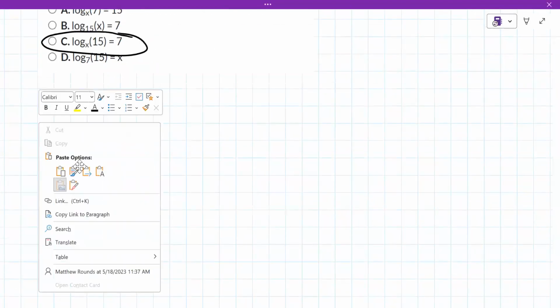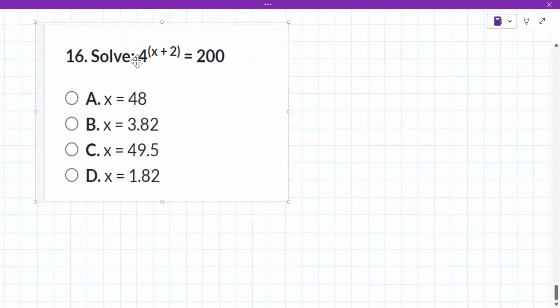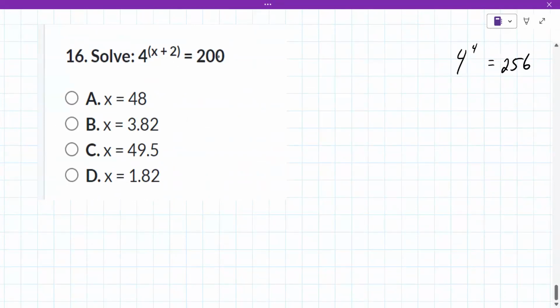We've been doing some problems like this where the number on the right was a power of 4, and that's not the case here. Like there's no power of 4 that gets you close to 200. Although you could argue that maybe 256 is kind of close. I would say it's a little too large, but that's kind of at your discretion.